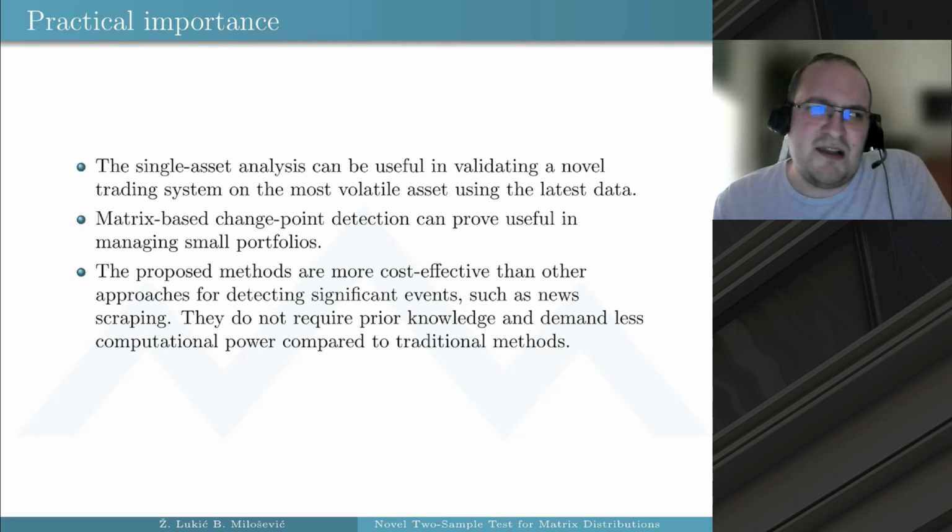First of all, that single asset analysis is quite useful when you have a bunch of automated trading systems which haven't seen the newest data, and you need to evaluate the performance. Also, you have some automatically detected periods. Some of them are volatile, some of them are not.